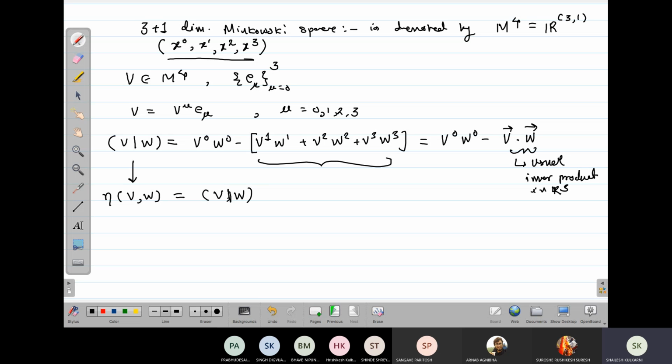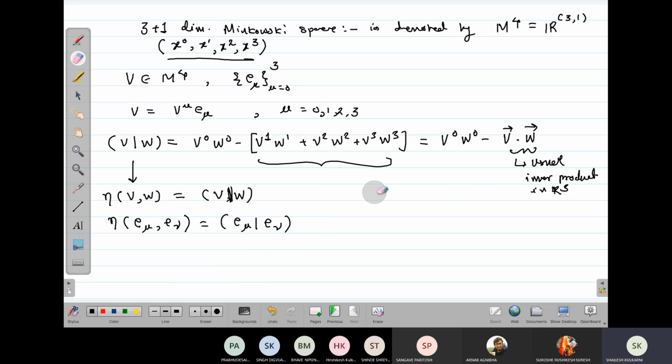It's the inner product. So you choose the action of eta on the orthonormal basis in Minkowski space, E mu. It will be the inner product of E mu with E nu. What is this inner product? Now I need to define this basis. How do we define the standard basis in R3?